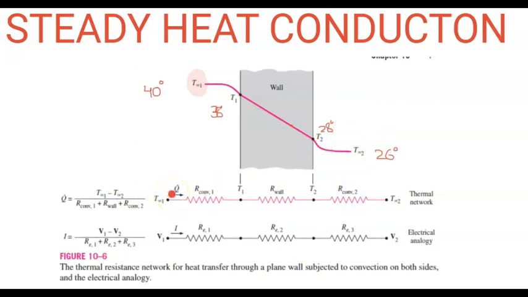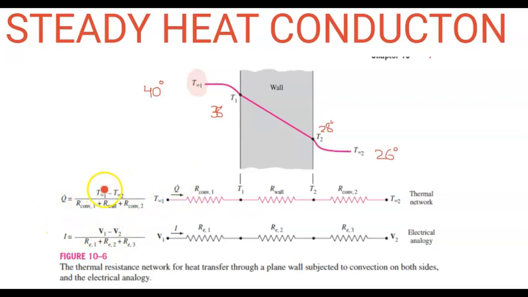So what I need to do is find the resistance because of convection, the resistance because of conduction, the resistance because of convection again, and then add them up. And this is what they have actually shown here.